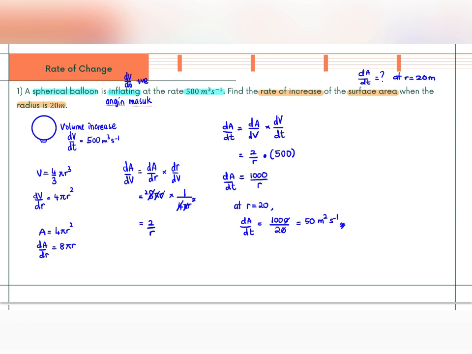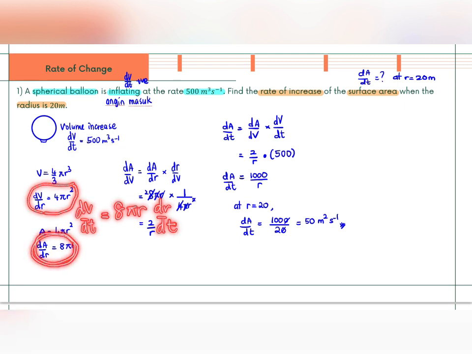So actually kita boleh gunakan macam-macam lagi formula sebenarnya. For example, contoh kita differentiate this one with respect to t. So kita akan ada dV over dt equals to 4 pi r squared dr over dt. And then kita boleh dapatkan dr over dt from here pula, where dA over dt will be equals to 8 pi r dr over dt.